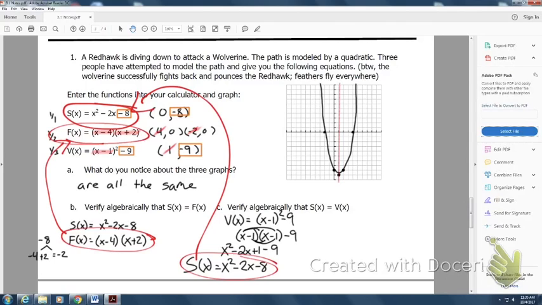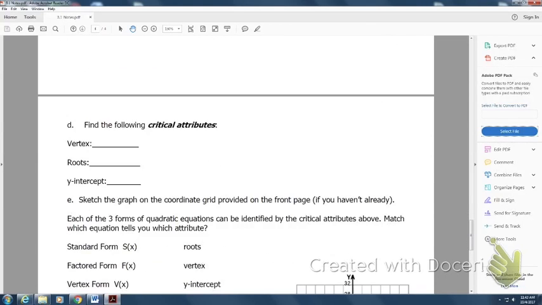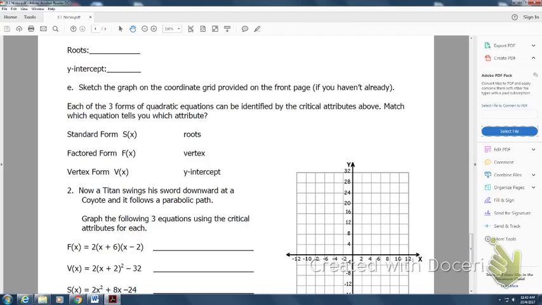Questions on all of that? So we're going to do another problem like this. There's a couple things different about the next one. That'll see, and then that'll be it. On D, we wrote those next to each equation, so we want the vertex, the roots, the y-intercept.